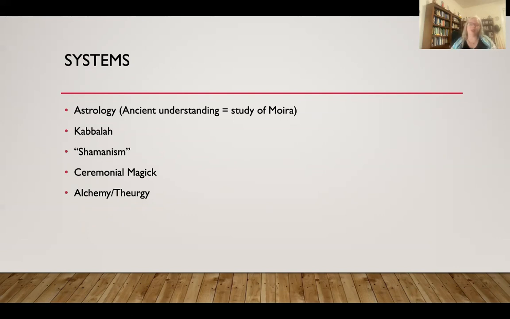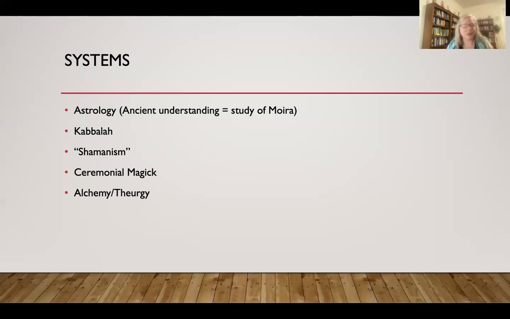But there's a lot of different stuff that you can learn that falls under that general rubric of intentionally working in the spirit worlds with allies. Really, that's kind of what that is.